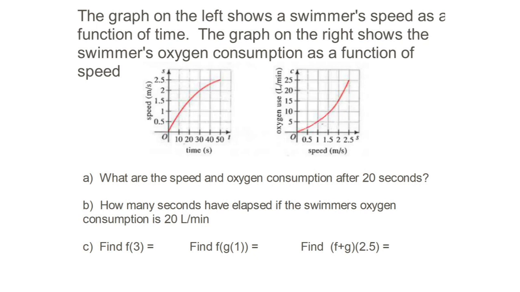Okay, let's look at what we got. It says, what are the speed and oxygen consumption after 20 seconds? Okay, so after 20 seconds, the speed. So when you look here, after 20 seconds, boom, you just go up and say, okay, speed is 1.5 meters per second.